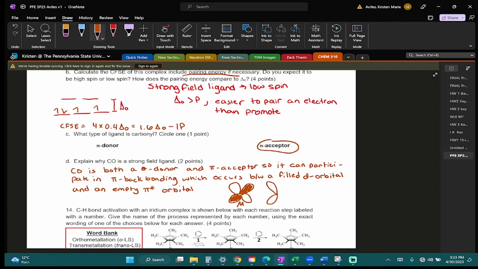That's why this interaction happens. But we would have our p orbital of our carbon. This is the carbon p orbital, not the oxygen, because we're donating into the empty pi star of our carbons. And it's donating electron density. It goes metal to ligand, not ligand to metal. Our ligand is a pi acceptor. So this is our ligand.